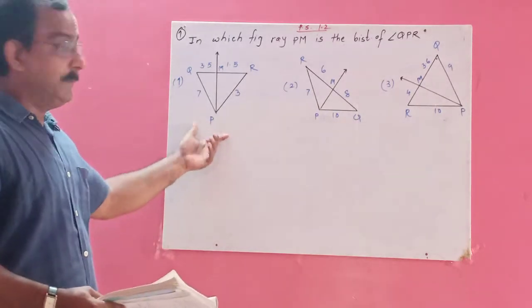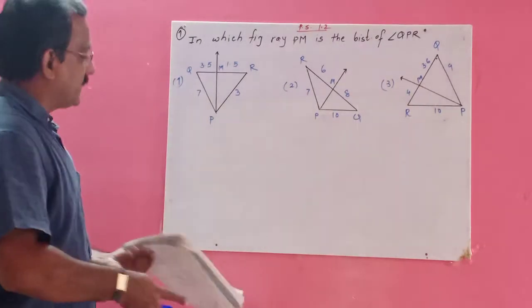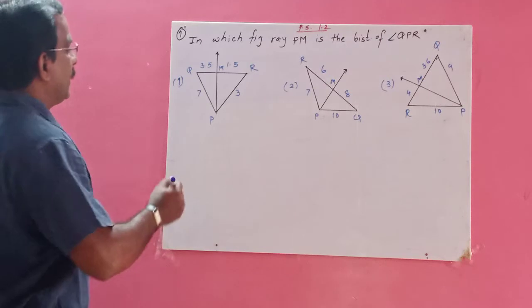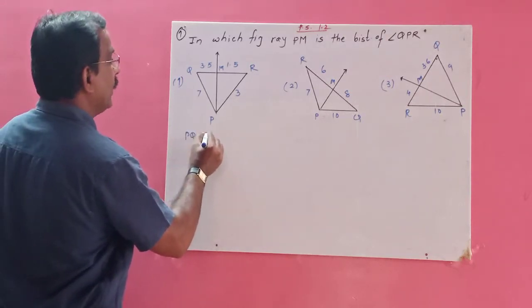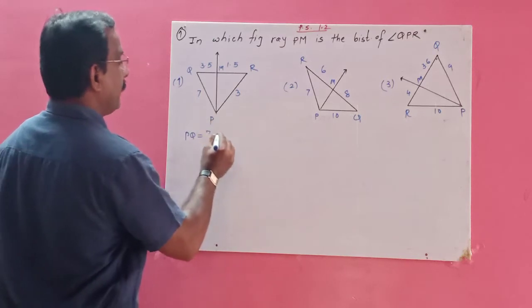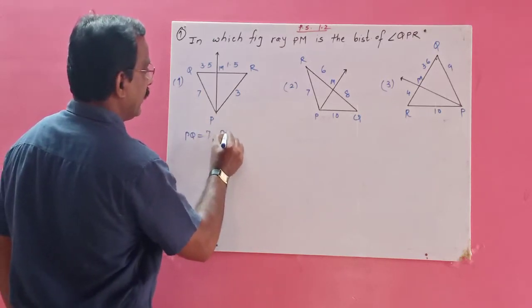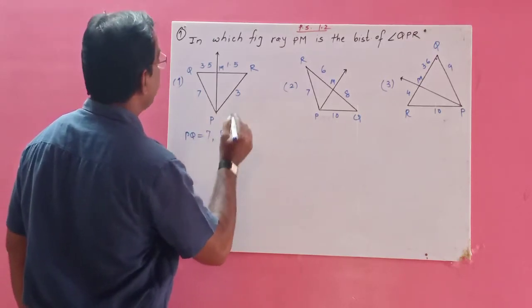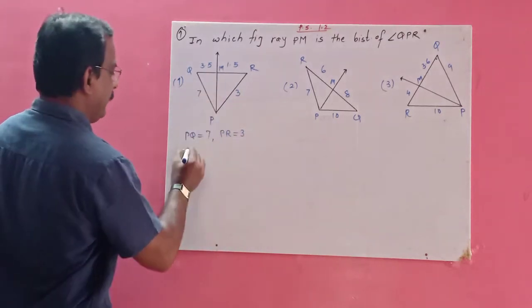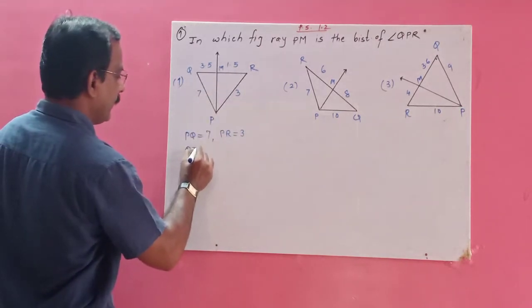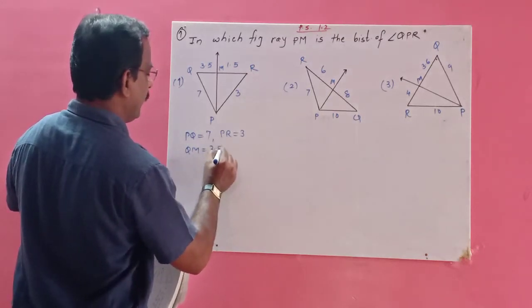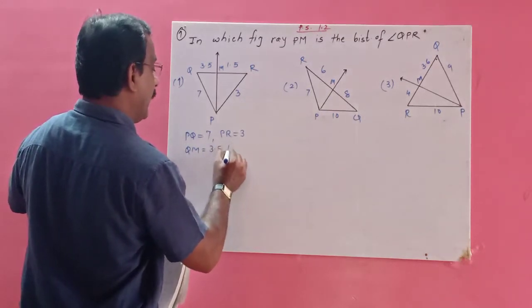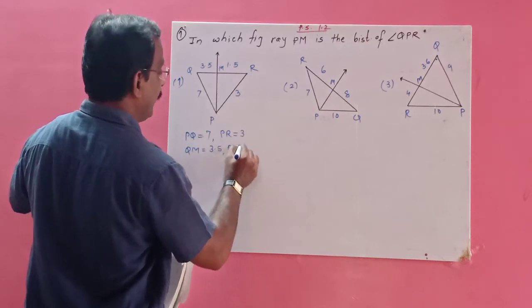In the first sum, PQ is equal to 7, PR is equal to 3, QM is equal to 3.5 and RM is 1.5.